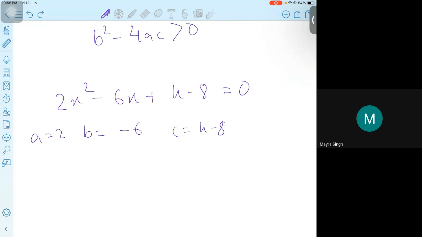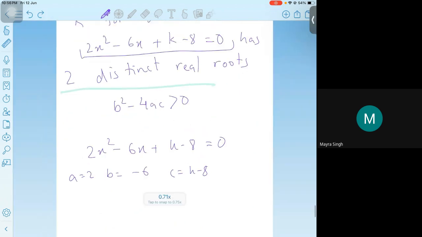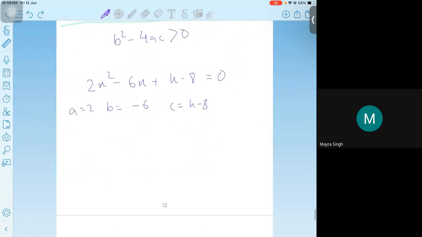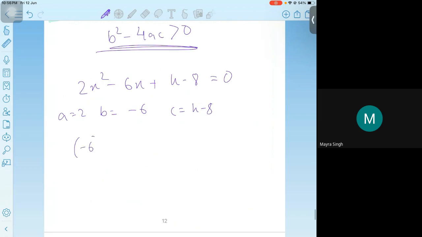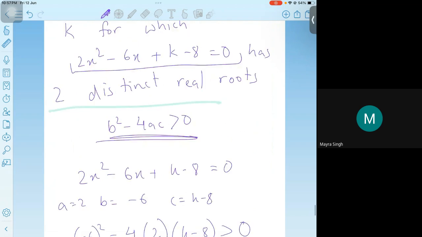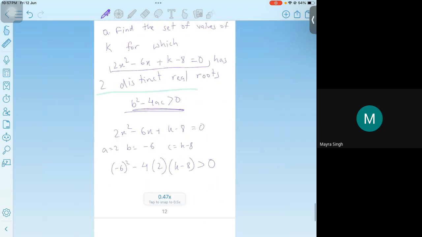Now, since the question says that it has two distinct real roots, it's supposed to be b squared minus 4ac greater than 0, as written here. So we can just plug in the values now. Minus 6 squared minus 4 into 2 into k minus 8, and this should be greater than 0, right? Because it has two distinct real roots, which means we are using this concept.